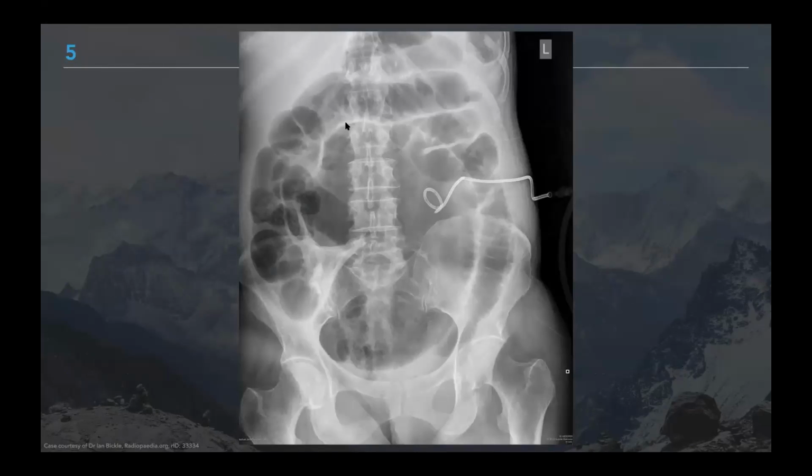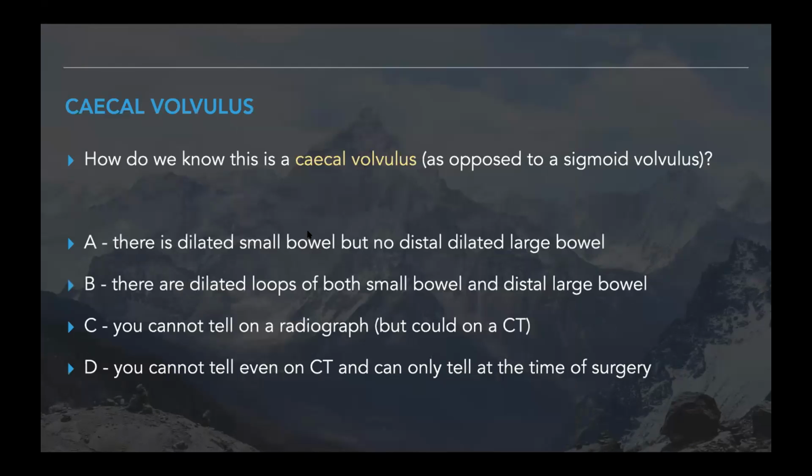You'll remember that the cecum is the most proximal part of the ascending colon. So how do we know, if we could run another poll please, that this is a caecal volvulus as opposed to a sigmoid volvulus? Remember we said that when the sigmoid twists, the site of obstruction is at the distal sigmoid colon, so the large bowel proximal to that dilates.